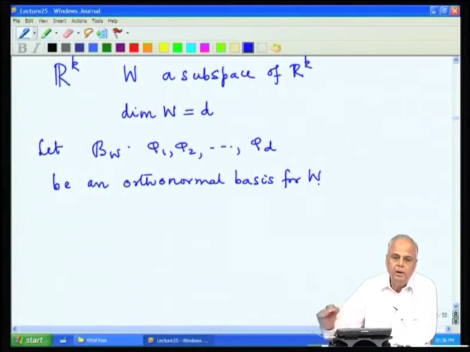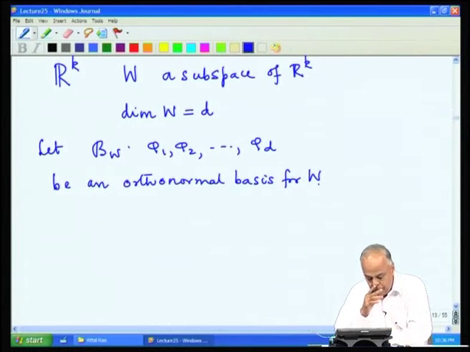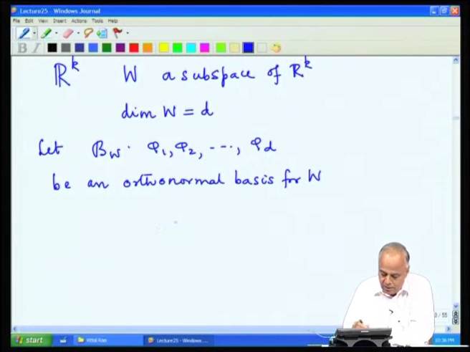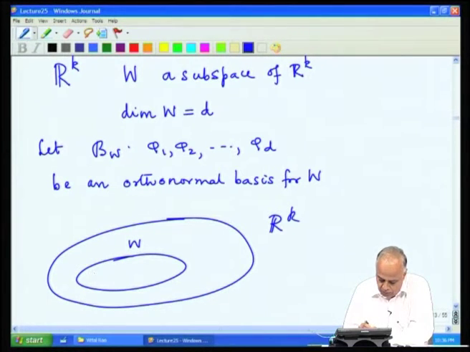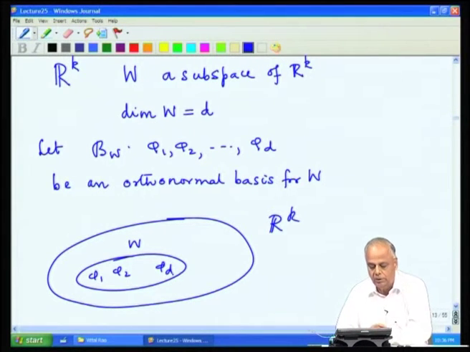Now, we have seen that every orthonormal set is also linearly independent, and therefore, phi 1, phi 2, phi d is a linearly independent set, and it is an orthonormal set sitting in the big space R k. So, here is R k and here is W. In this phi 1, phi 2, phi d are sitting.